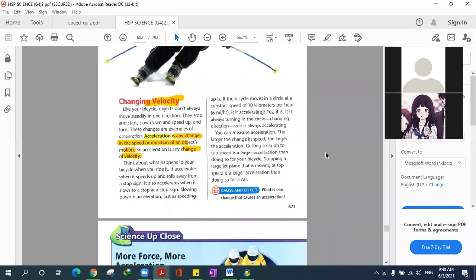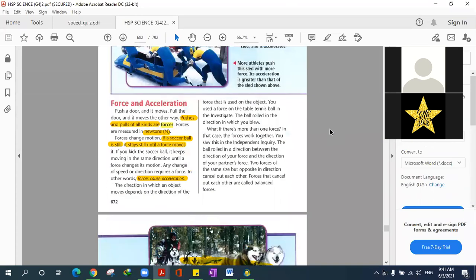Instead of saying speed or direction, we can say only one word. Do you remember? Velocity. Well done, Rugmini. So acceleration is any change in speed or direction, or we can say it's any change in the velocity itself.